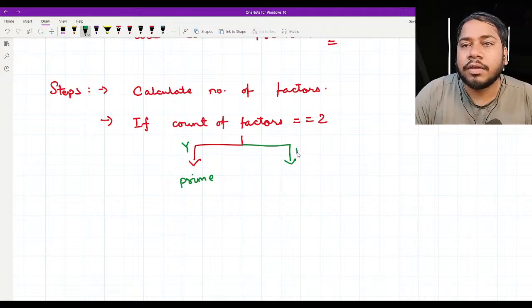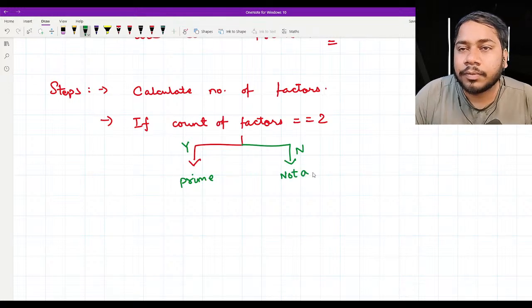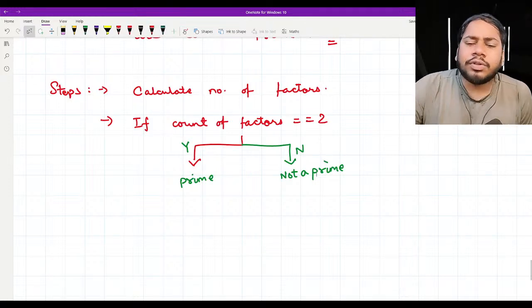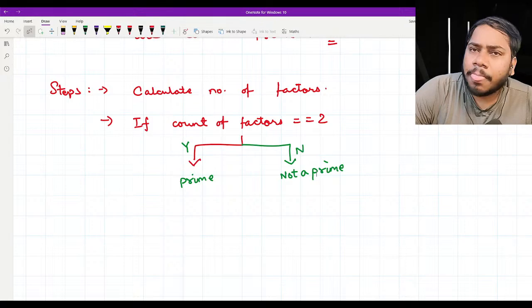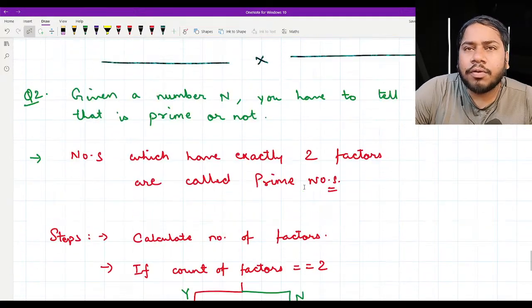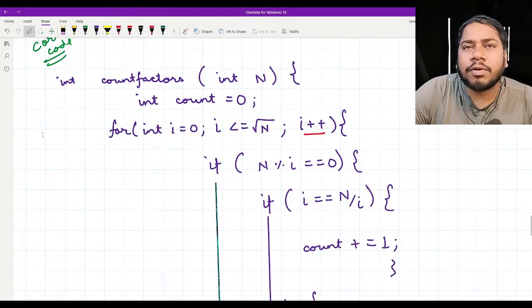If that is no, then that is not a prime. Simple, right? We can do that very simply. We just have to write the previous code. So let's take this code.